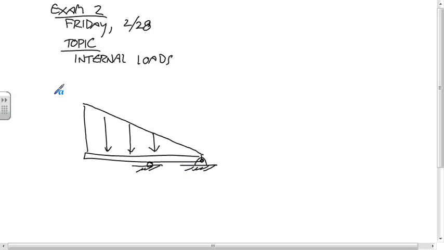And let's say that this is 15,000 newtons per meter, and let's say that this is 3 meters, and this is 2 meters.